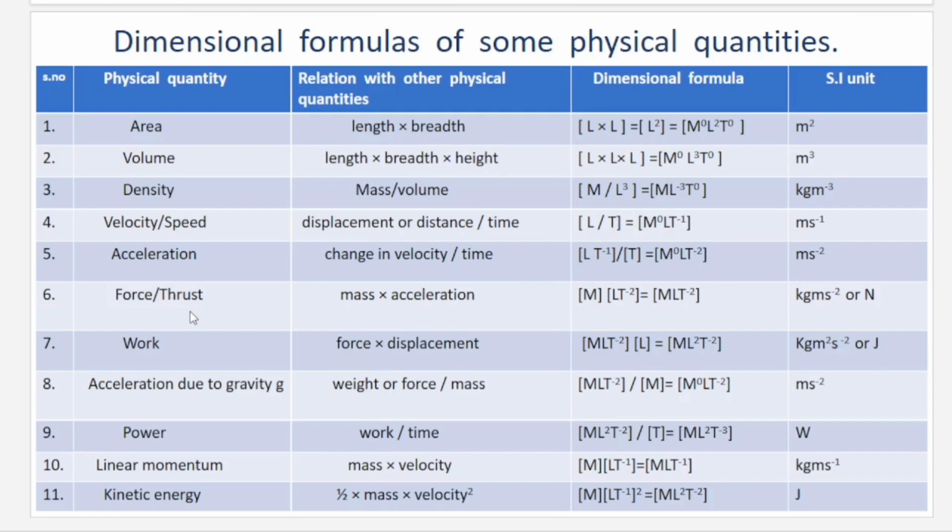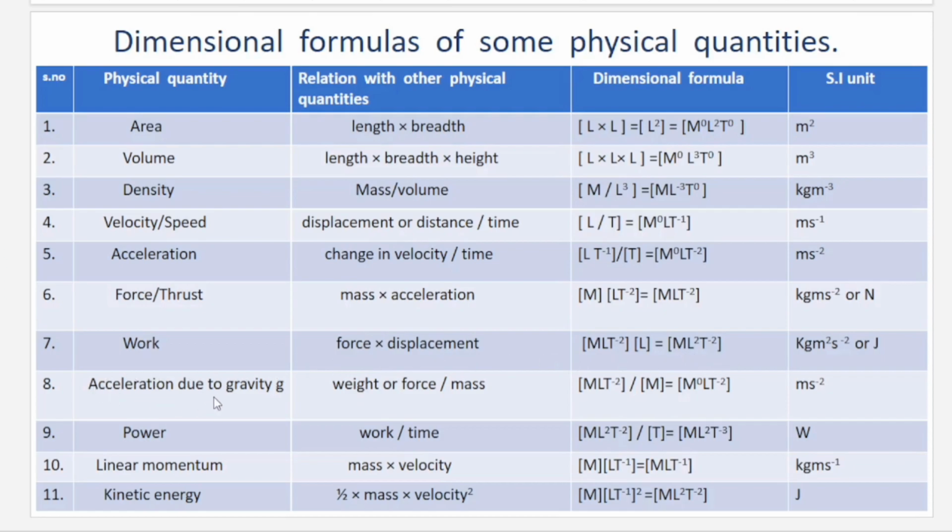Force or thrust is mass into acceleration, where mass is M and acceleration is LT⁻², gives us [M L T⁻²]. Work is force into displacement. Force is MLT⁻², displacement is L, we get [M L² T⁻²].